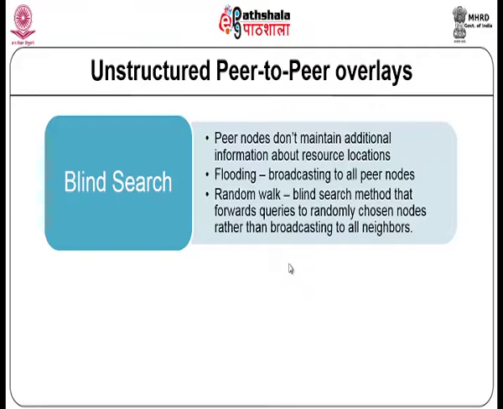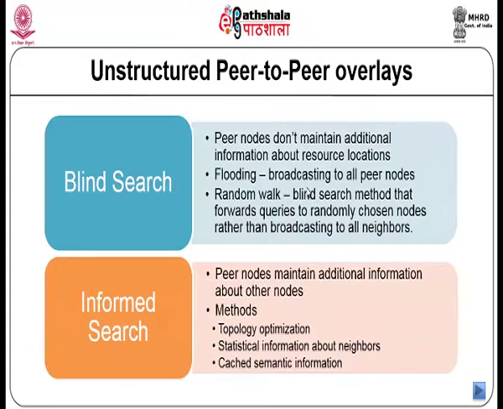If I have 10 neighbors, I choose any one node and blindly send my data to that particular node. That is a random walk, but as can be easily understood, the success rate of random walk will be much less than the success rate of flooding. But flooding will come at the cost of huge congestion in the network.